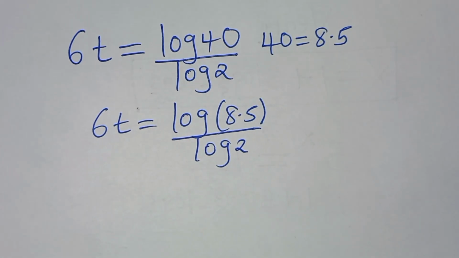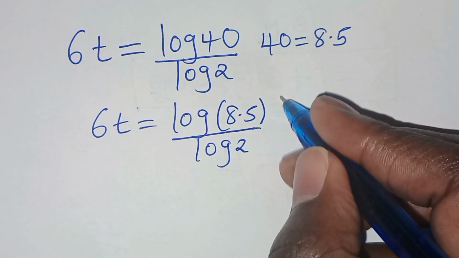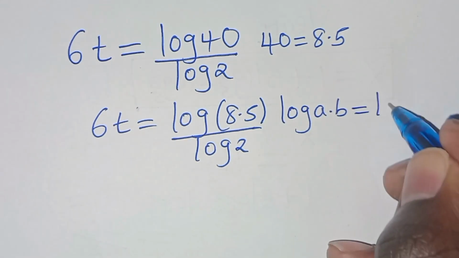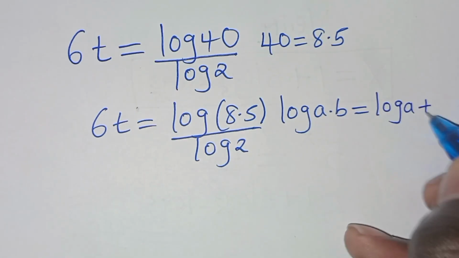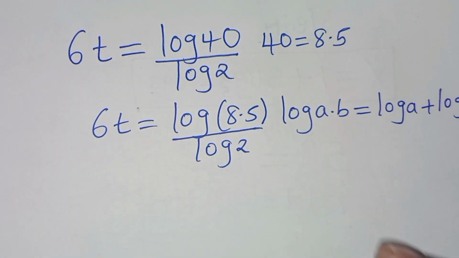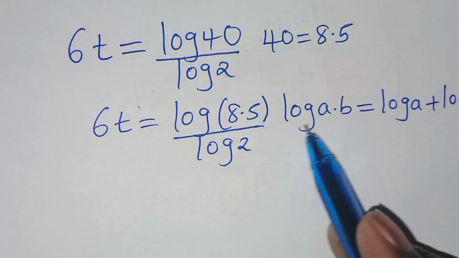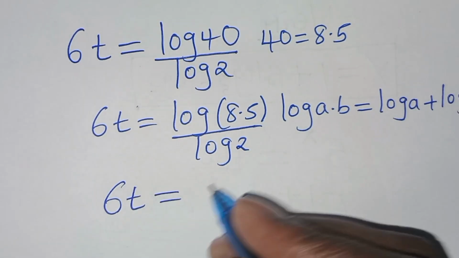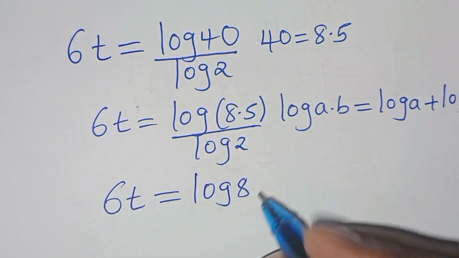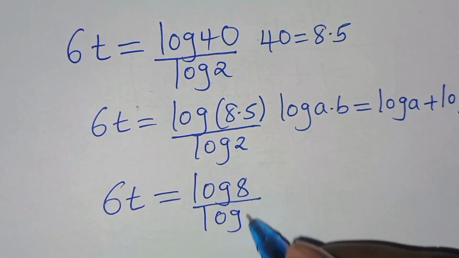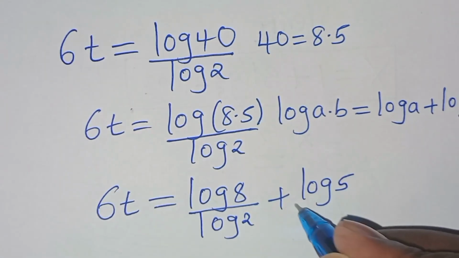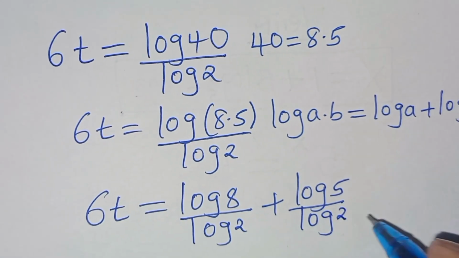Then you find that log of 8 times 5 is in the form of log a times b, which we can express as log a plus log b. So applying this logarithm property, it follows that here we have 6t equal to log 8 divided by log 2 plus log 5 divided by log 2.